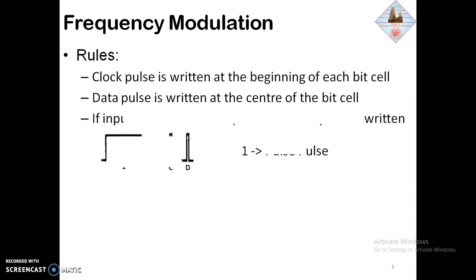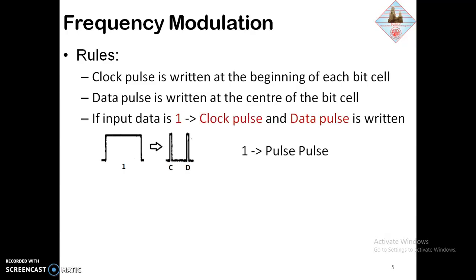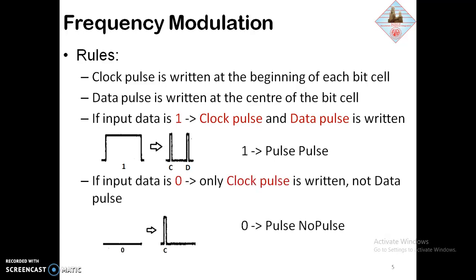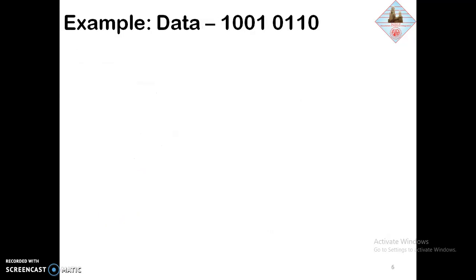Third, if the input data is 1, then a clock pulse is written at the beginning and a data pulse is written at the center, as shown here. If the input data is 0, then only a clock pulse is written and a data pulse is not written, as shown in the figure.